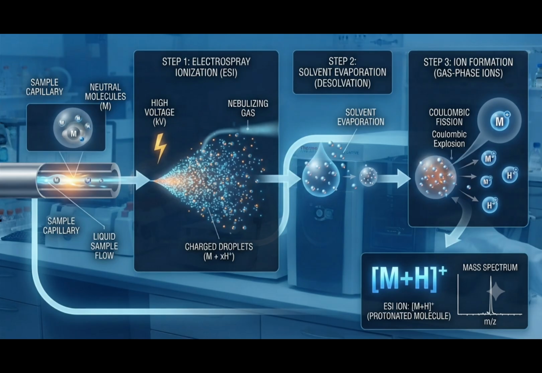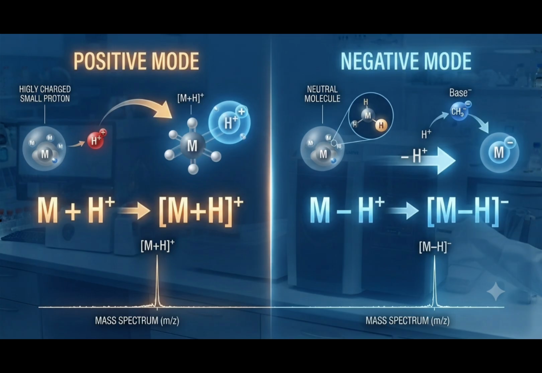For example, a molecule can accept a proton and form a protonated ion, represented as [M+H]+, with a positive charge. ESI is considered a soft ionization technique and is particularly useful for polar, thermally unstable, and larger molecules.